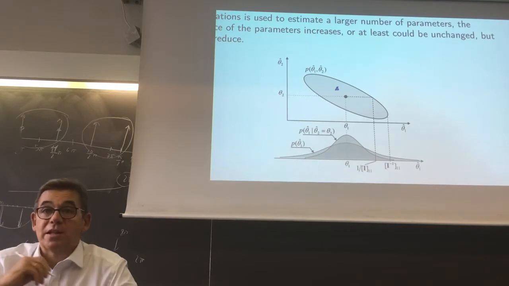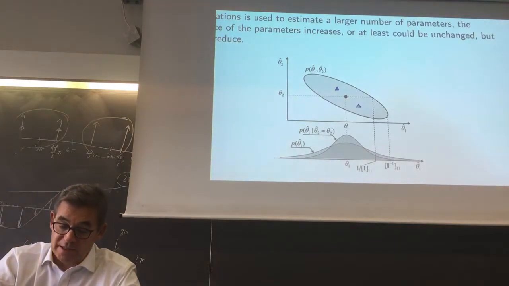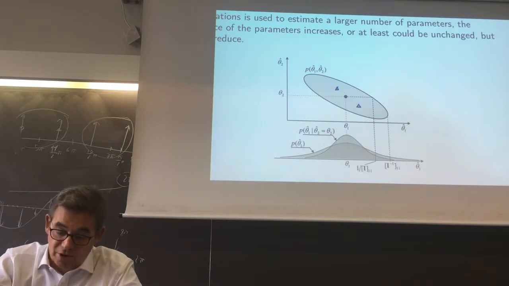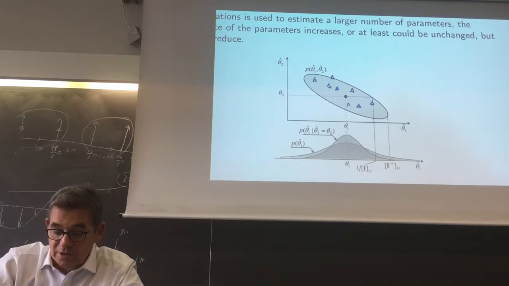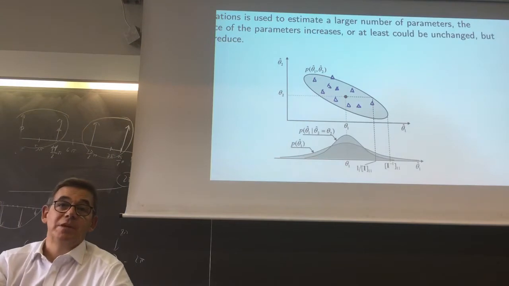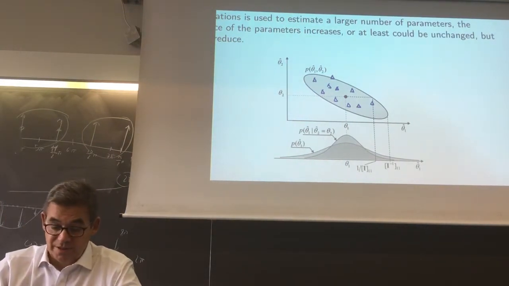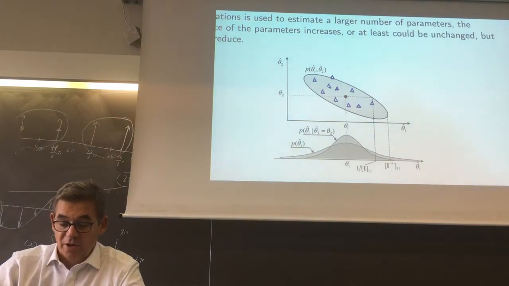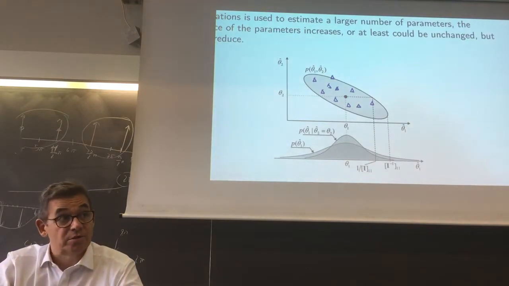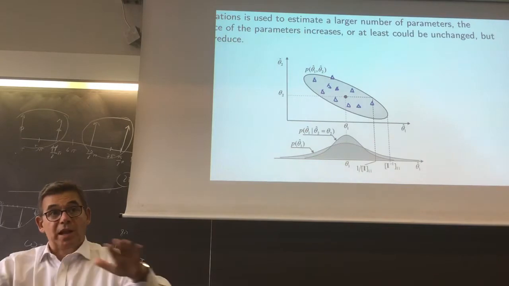Then I may rerun the experiment, and I have another estimate, theta 1 and theta 2. These are the samples of the estimate, the samples of the error. Actually, it's the estimated value, theta 1 hat and theta 2 hat, in this plane.